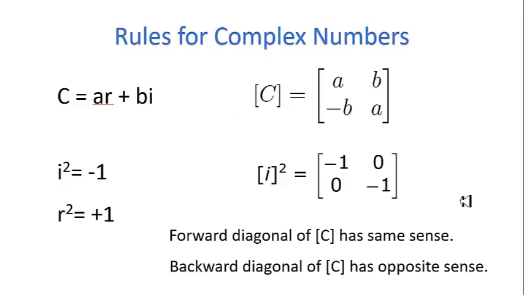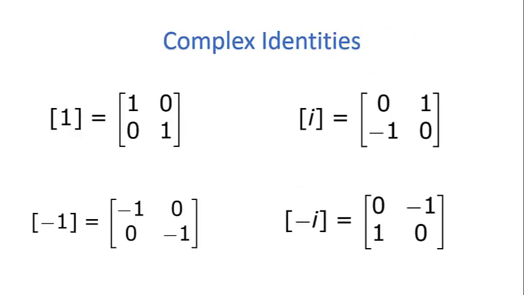And when you're representing complex numbers as two-dimensional numbers, I had to add an additional rule. The elements on the forward diagonal have the same sense, so either they're both positive or they're both negative, okay?